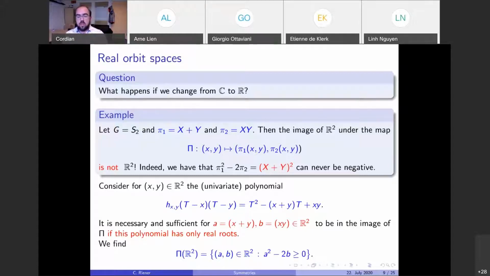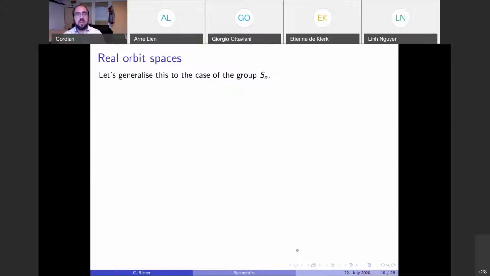Okay, so what we get from this is that the image of R2 in our case is not an algebraic variety, but it is a semi-algebraic set, a set defined by polynomial inequalities. And in fact, this generalizes easily to the case of the full symmetric group Sn.